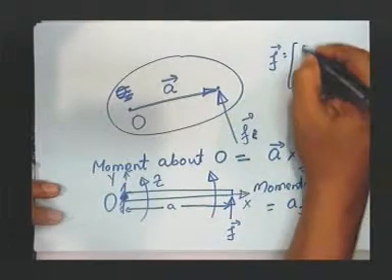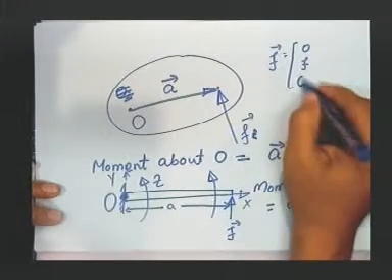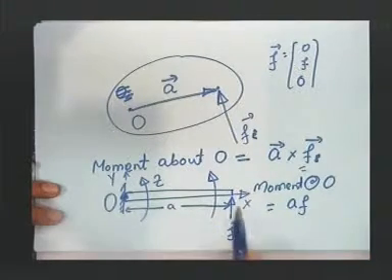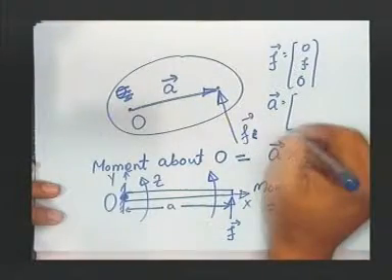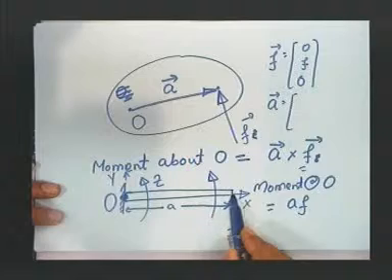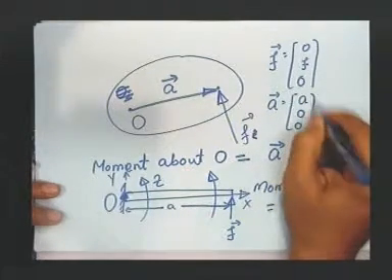So, it is 0, scalar component F, and then 0. Then this a vector has a scalar component distance a along x. So, a 0 0.